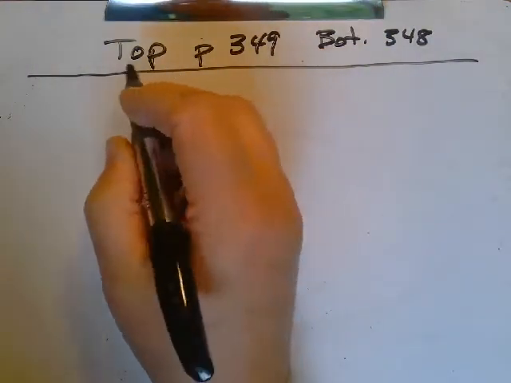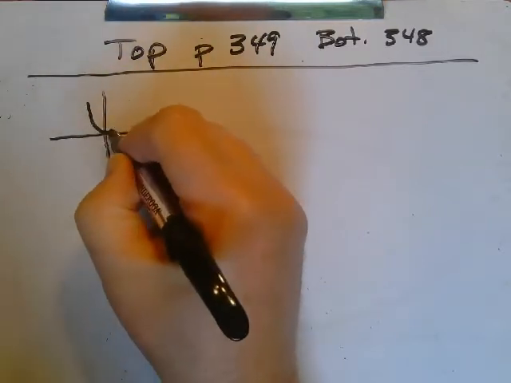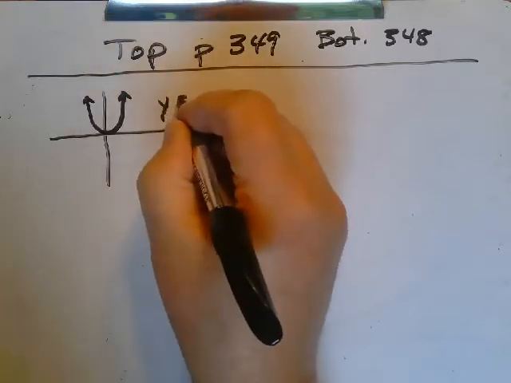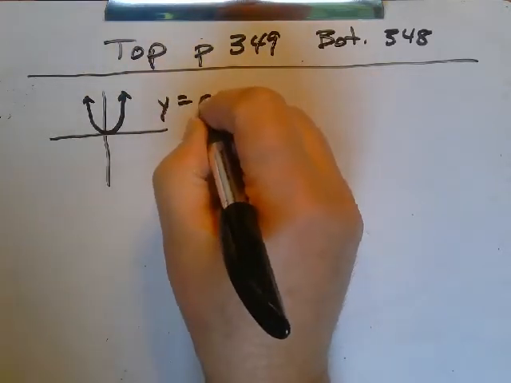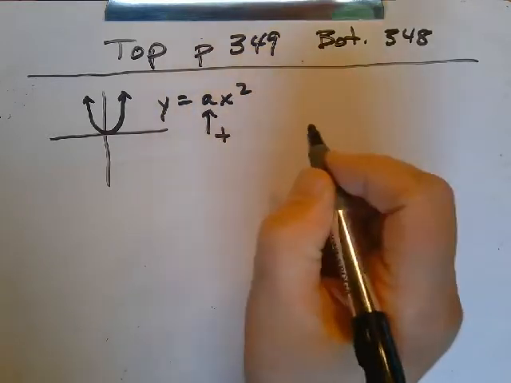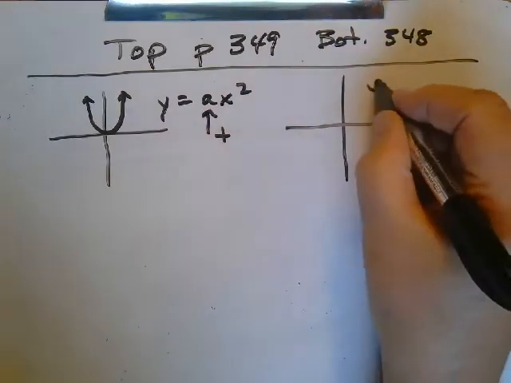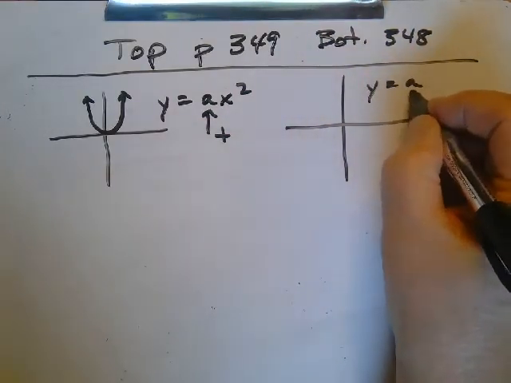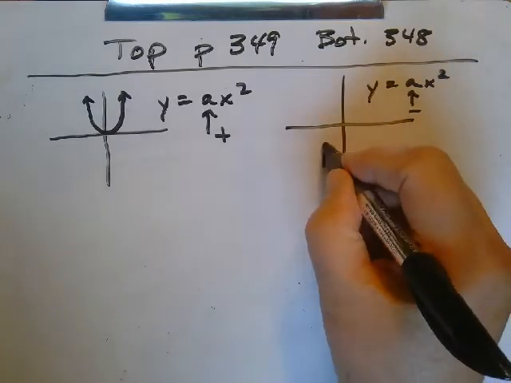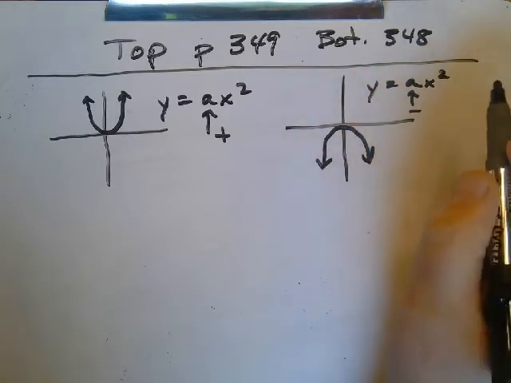Now, as you knew from quadratics, when a parabola opened up, the a term in the front was positive. And you notice that when the a term in the front was negative, it opened down. It flipped over. And we're going to see that happen on a regular basis.